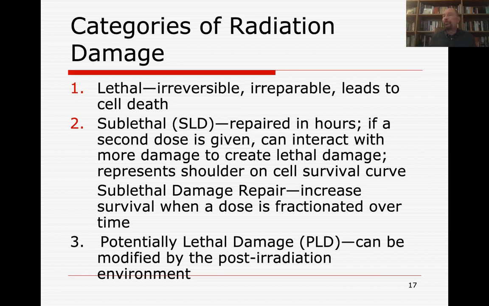So in the linear quadratic model, repair of sublethal damage means that you should switch from a linear quadratic to a linear term.